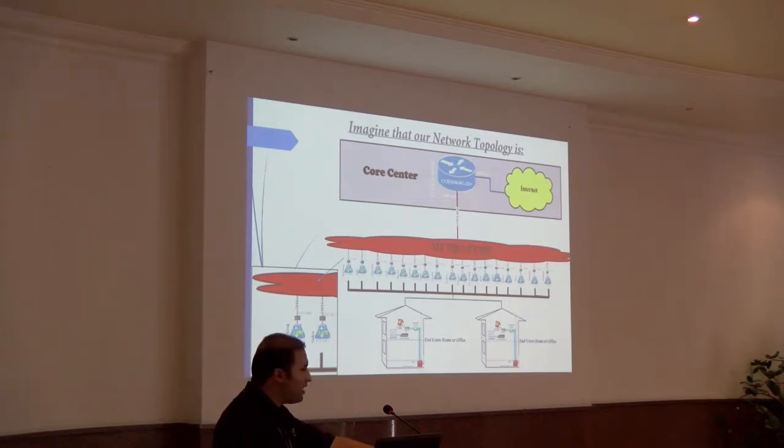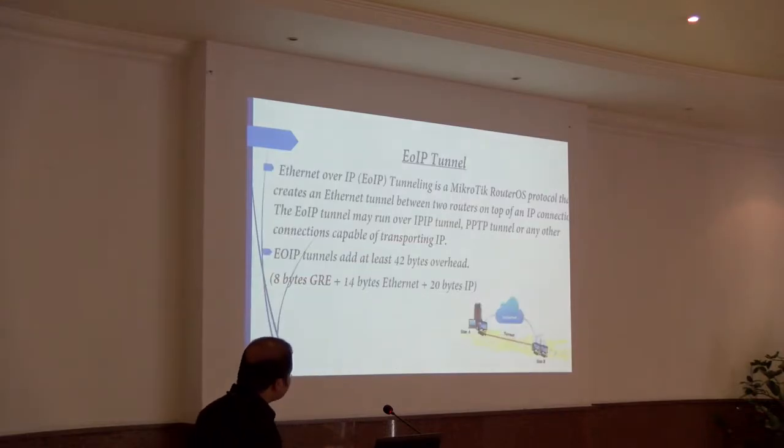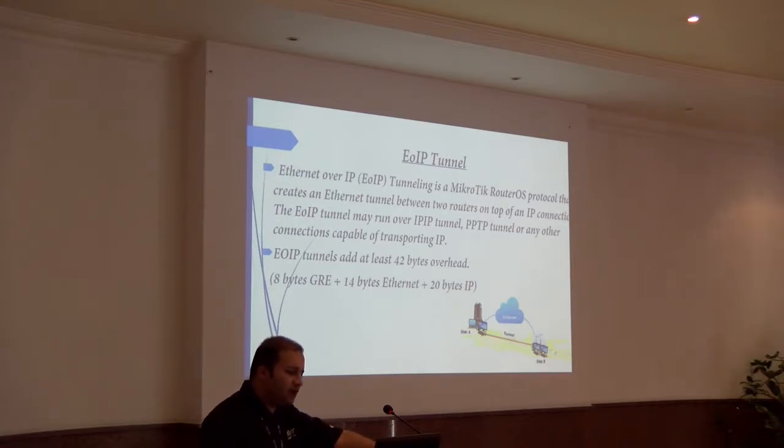VPLS is beyond my presentation scope, so I will ignore it and focus on the EoIP tunnel. But what is the EoIP tunnel? EoIP, or Ethernet over IP tunneling, is a MikroTik RouterOS protocol that creates an Ethernet tunnel between two routers on top of an IP connection.